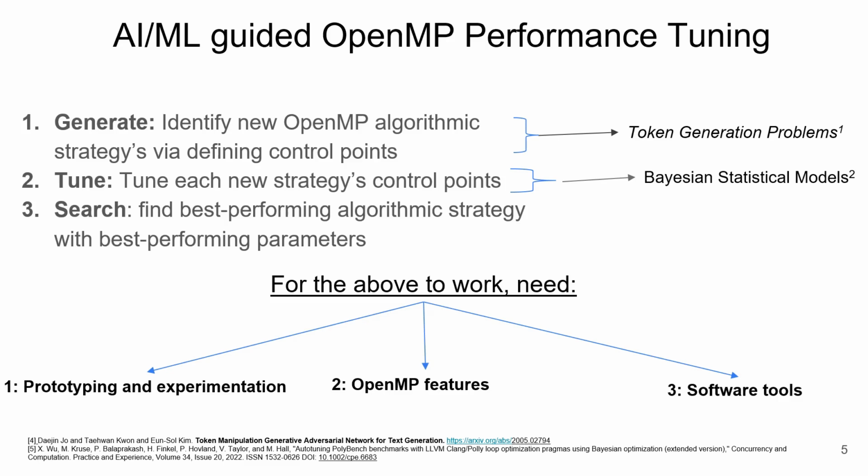In particular, we need to think about how to define sets and schedules. And finally, we need to think about software tools where humans can have some interaction with this auto-tuning and searching for the best performing scheduling strategies. In the next sections, I will discuss each of these three aspects.